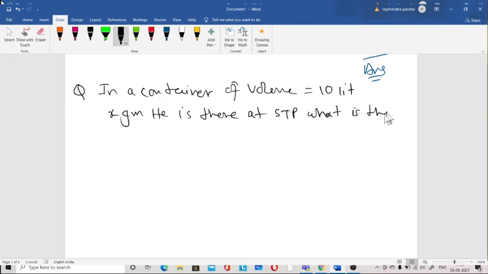What is the weight of helium? This is a simple question.